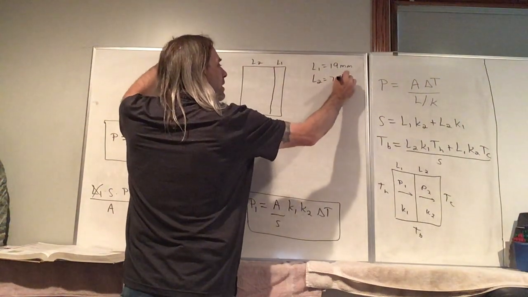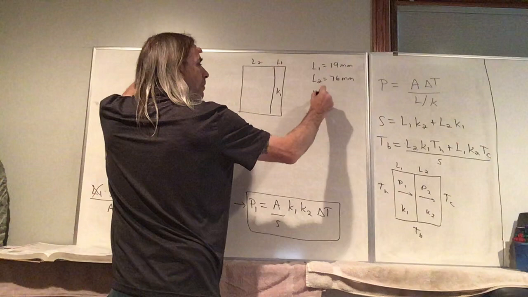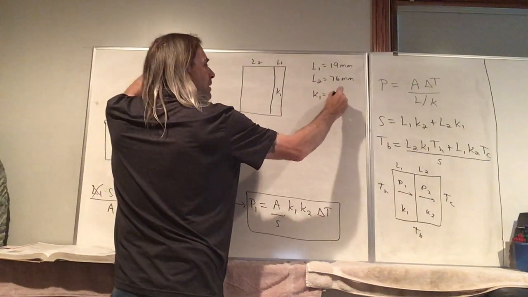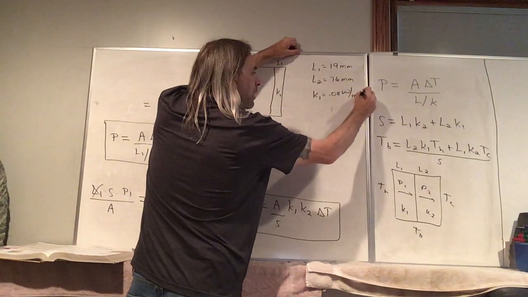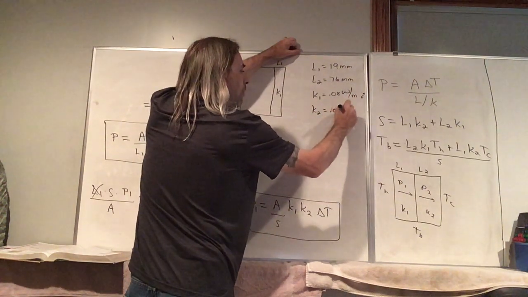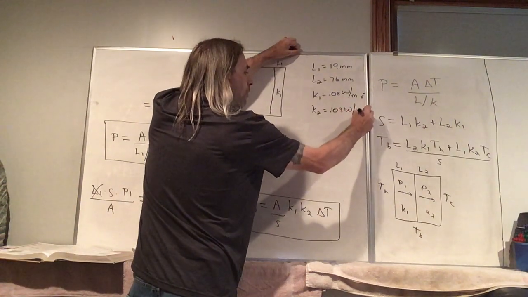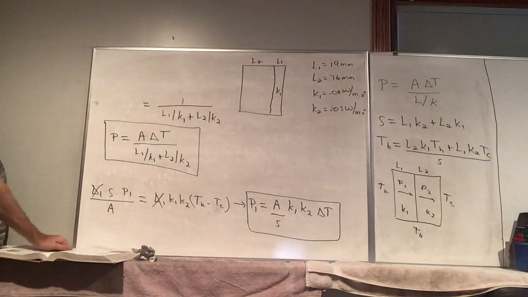L2 was 76 millimeters. K1 was 0.08 watts per meter Celsius degree. K2 is 0.03 watts per meter Celsius degree.